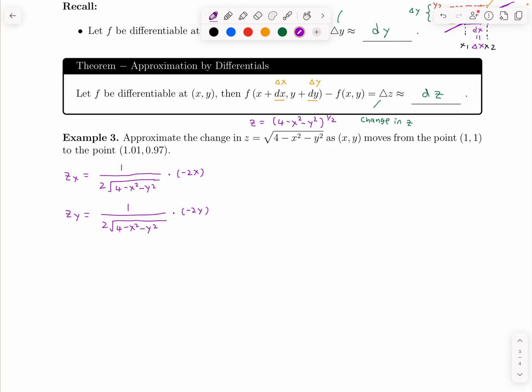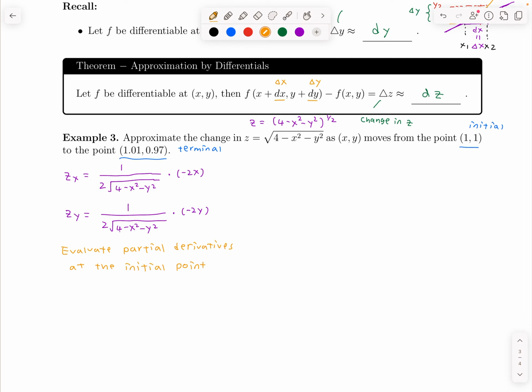Now, this is your initial point, and this is your terminal point. So you will need to evaluate your partial derivatives at the initial points, okay? So evaluate partial derivatives at the initial point.